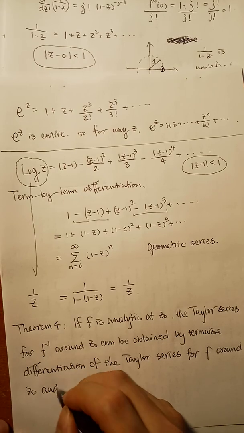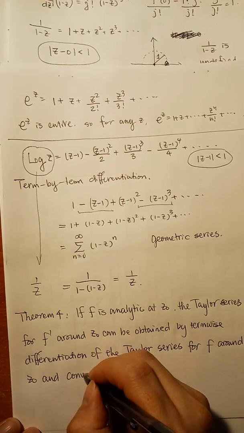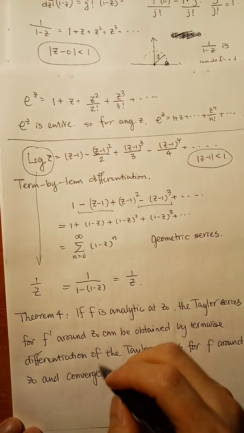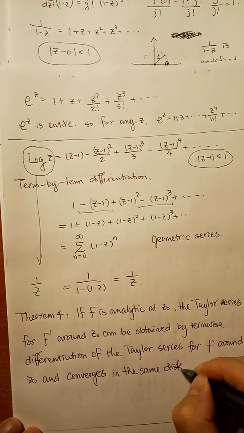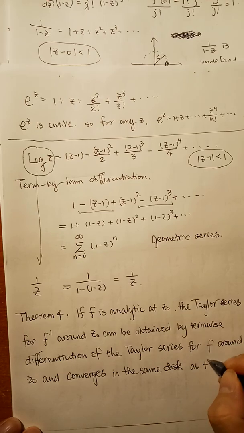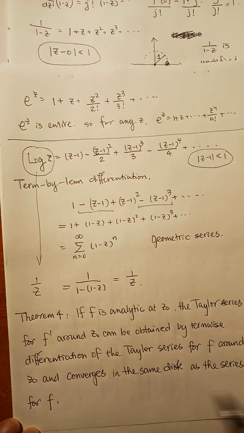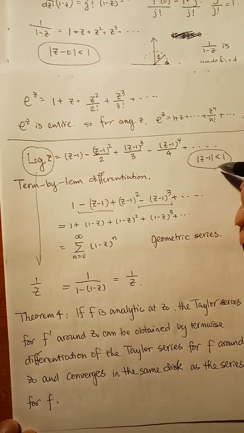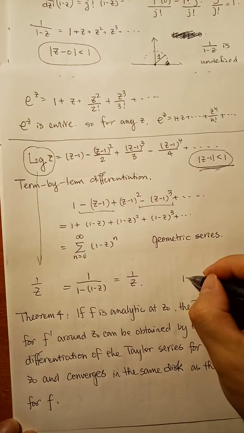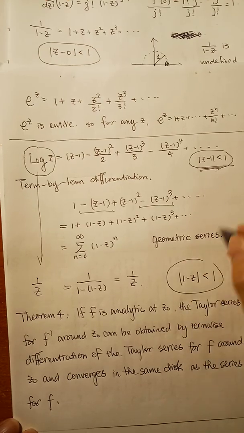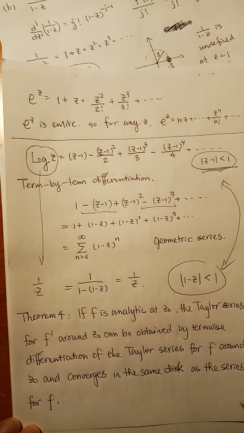And you have 2 Taylor series that converge in the same disk as the series for f. This means originally you have the convergence disk, and here you have the same convergence disk. That's what it means.